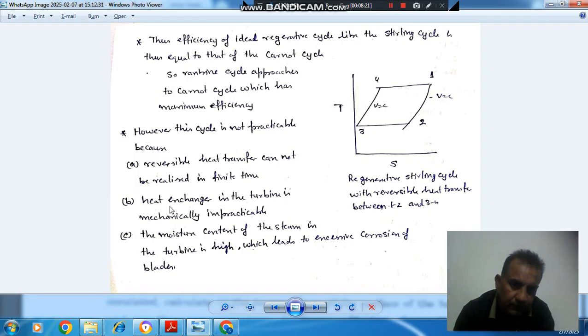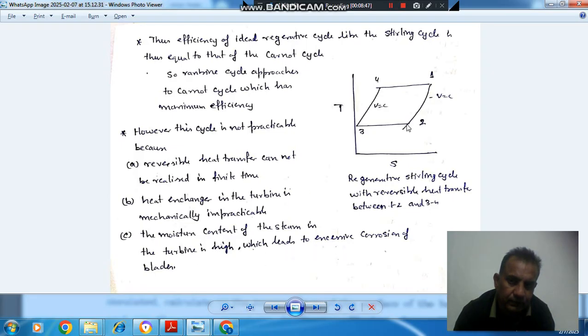Second reason is that heat transfer in the turbine is mechanically impracticable, because the turbine does not have any provision for heat transfer. And third, the moisture content of steam in the turbine is high, which leads to excessive corrosion of the fluid.